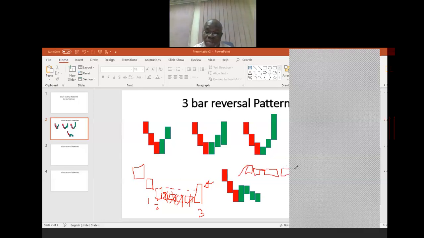But the moment it suddenly decides to close bigger, this becomes the number 1, and all these ones here don't count. So that becomes your measuring candle, this becomes your apex, and then the entry of the next one becomes your trigger.